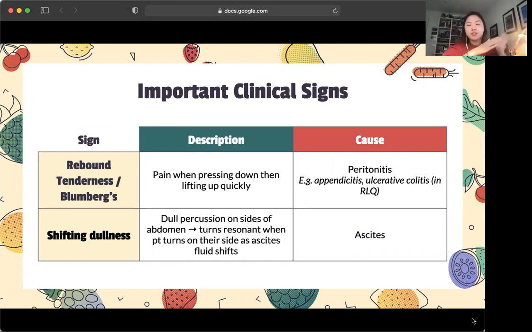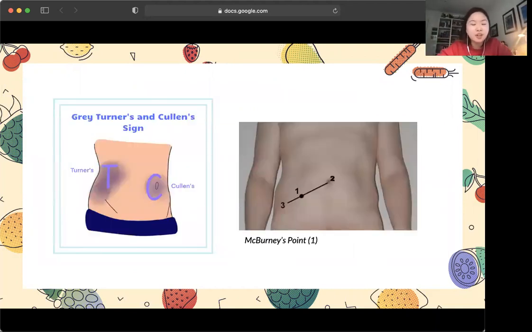When you get them to turn over, it's going to turn resonant because the fluid all shifts. Especially in your OSCEs or in a real life situation, you need to wait. You can't just get them to turn on their side and immediately start percussing, because the fluid hasn't settled yet. That's just a tip for OSCEs.